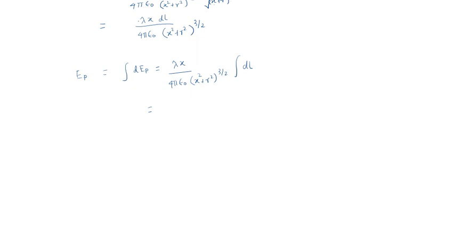So it will give us lambda x by 4 pi epsilon naught, x square plus r square whole to the power 3 by 2, multiplied by 2 pi r. Now lambda multiplied by 2 pi r, let me do it again.